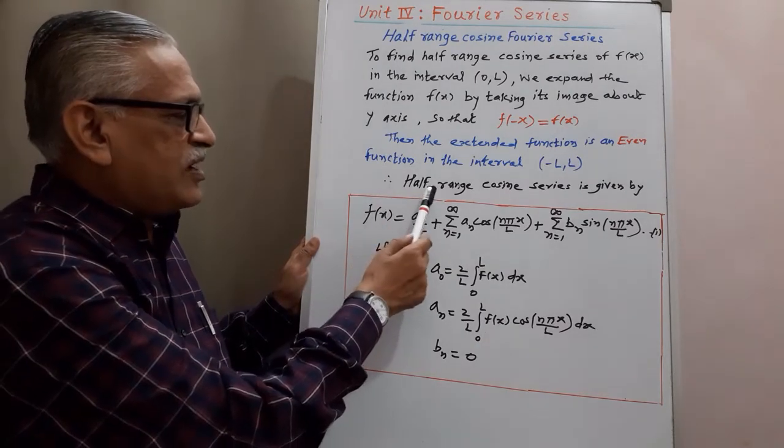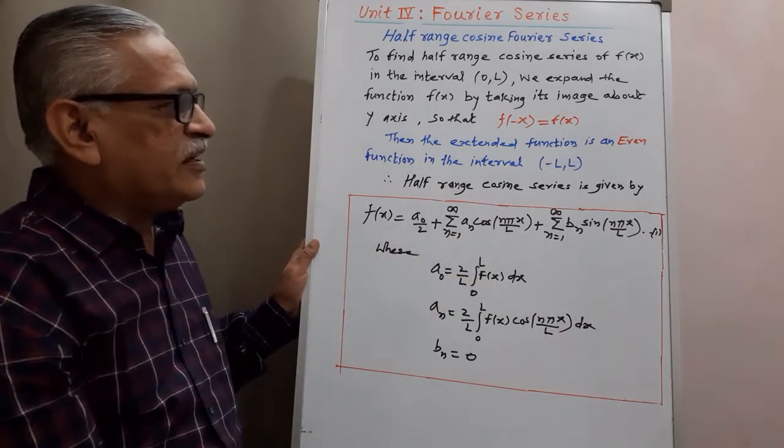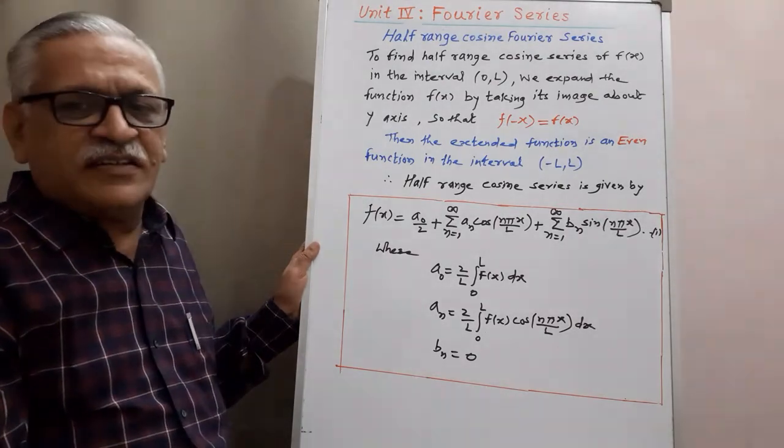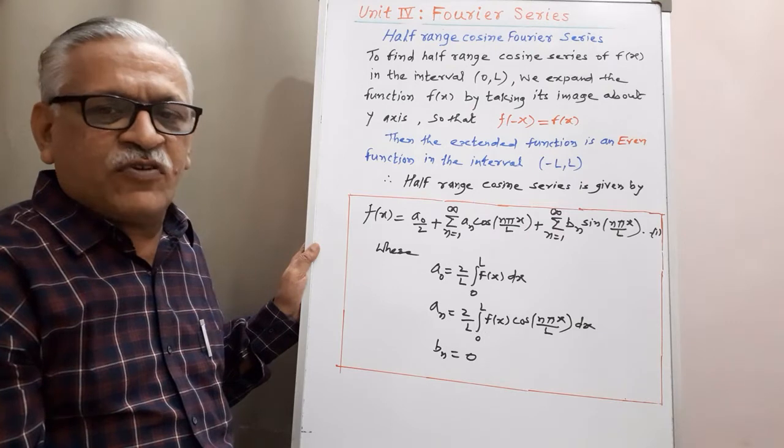And therefore, the half range cosine series in the interval 0 to L is given as per the Fourier series for an even function.